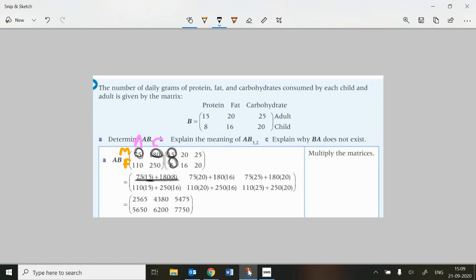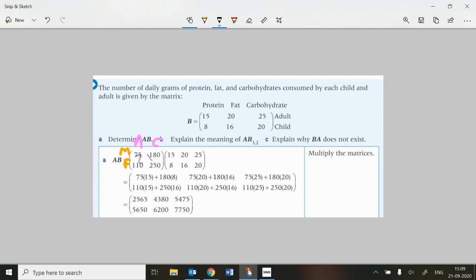The 75 adults taking in 15 grams of protein, and the 180 boys taking in 8 grams of protein. So that's what it's giving you. There's a particular meaning for this. And obviously you can just continue with this.